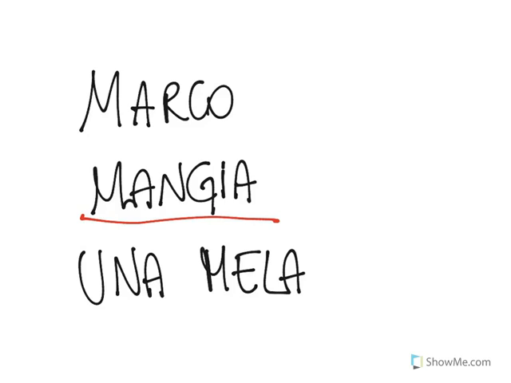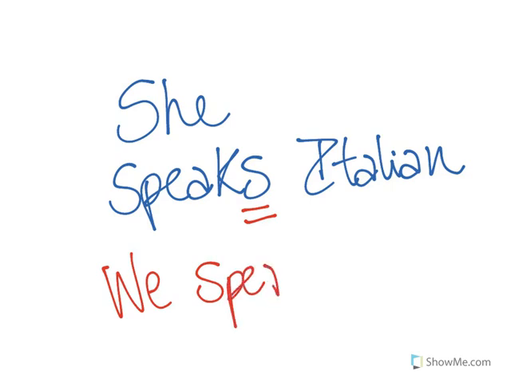We have the same thing happening in English when dealing with the subject in the third person singular. We say she speaks Italian, whereas for all the other persons we say we speak or I speak.